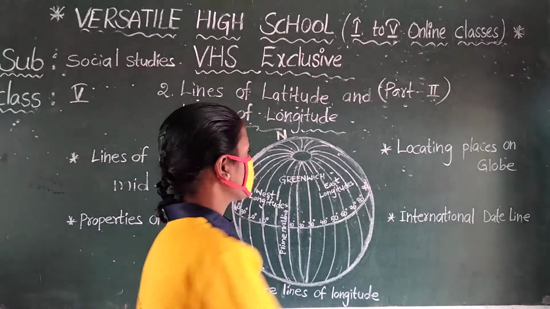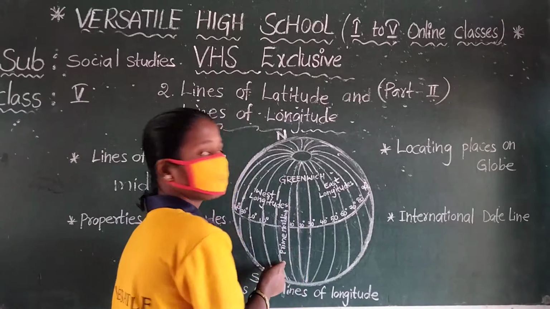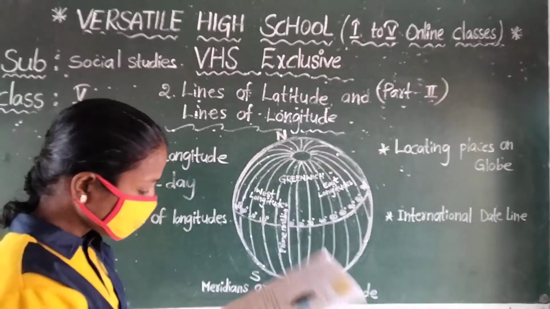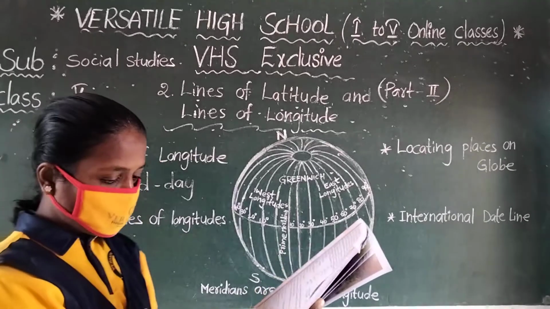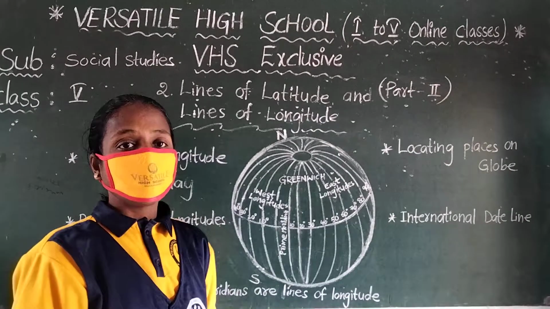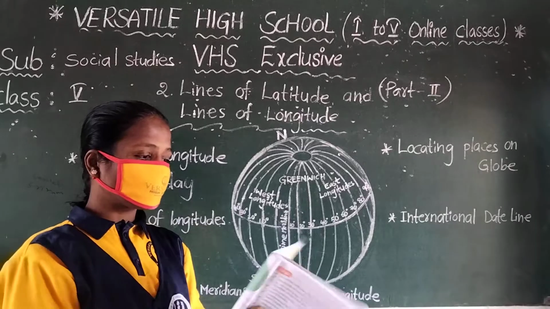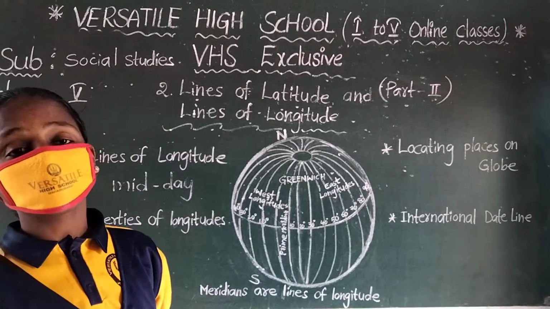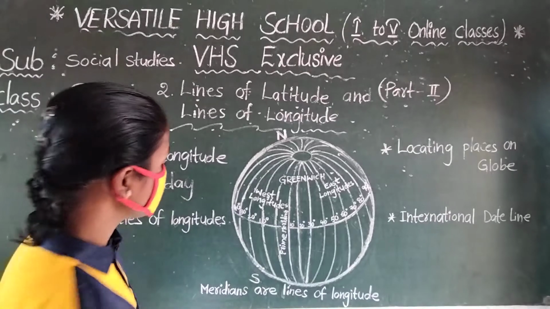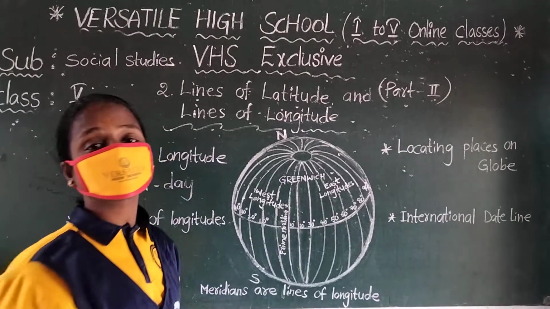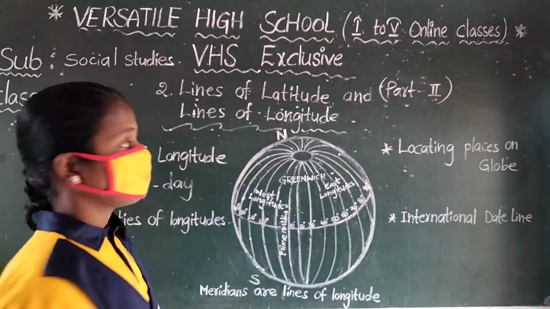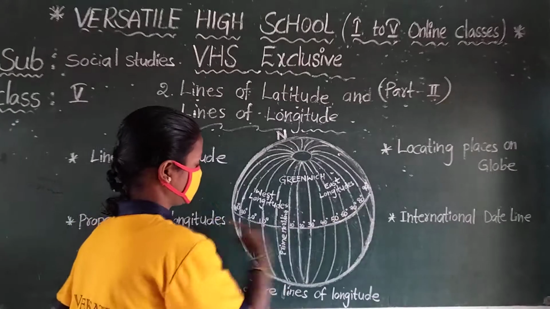Here also the Greenwich meridian, the prime meridian, starts from 0 degrees. Turn the page, children: the degrees are followed by east or west.